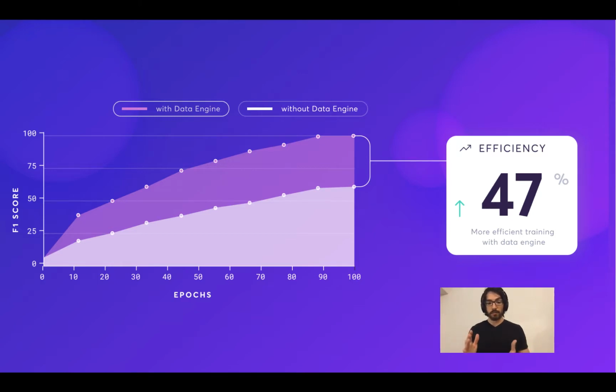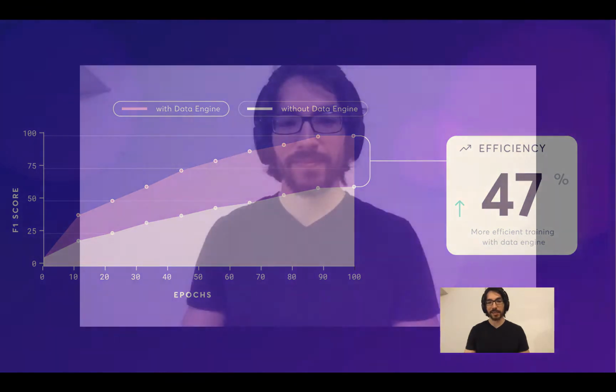And so this is a really exciting system, and I thank Tesla for initially coming up with the idea. It's really powerful, and our customers really like it, and they can directly compare with and without the data engine, and on average, they see a big jump.